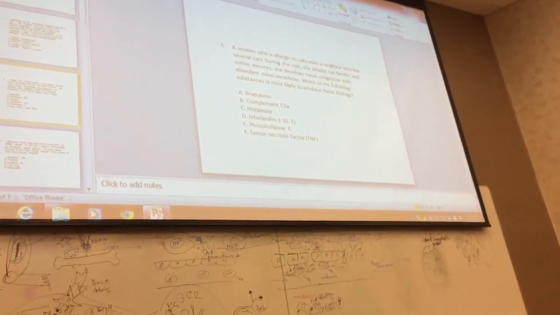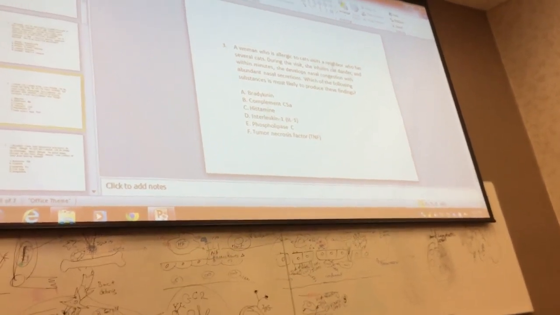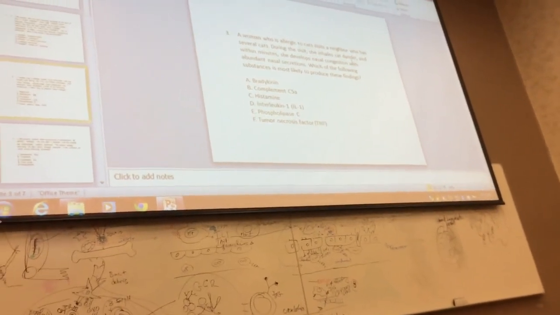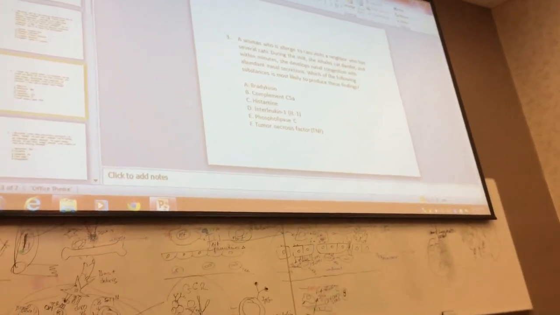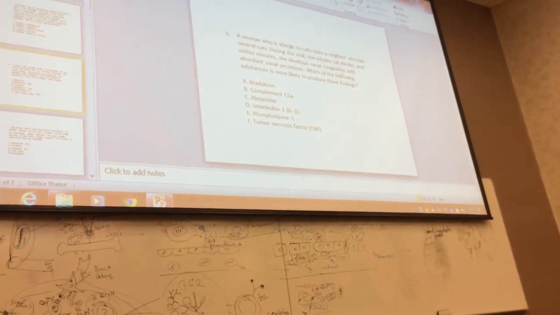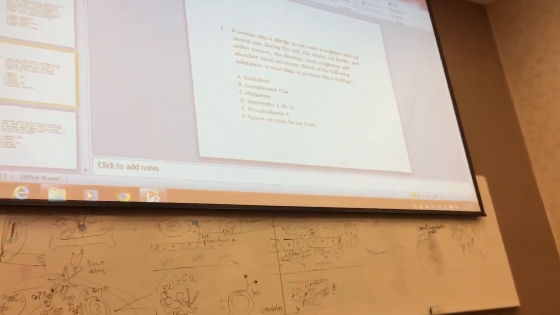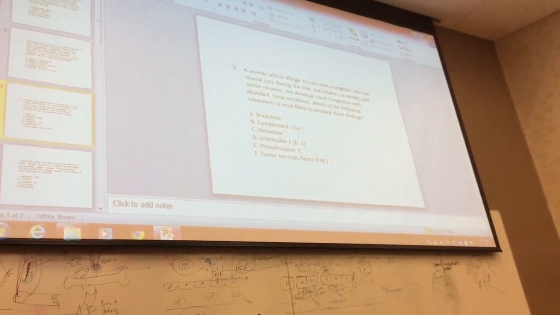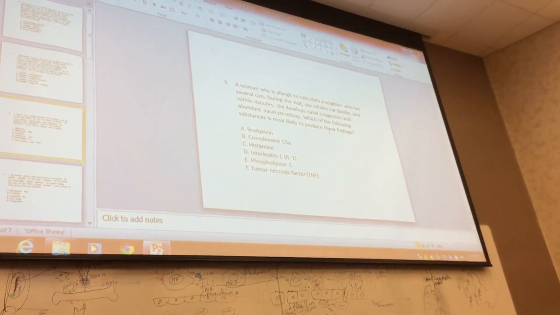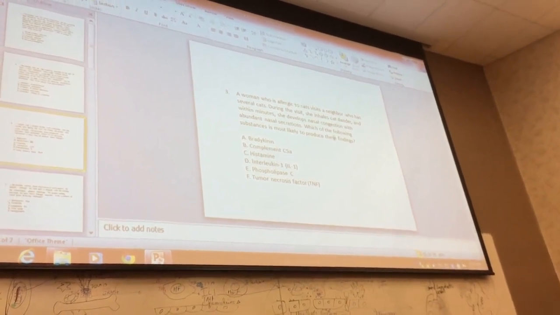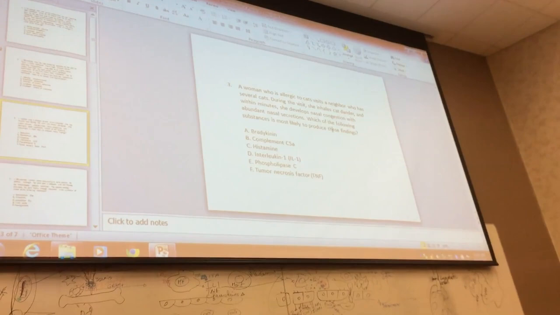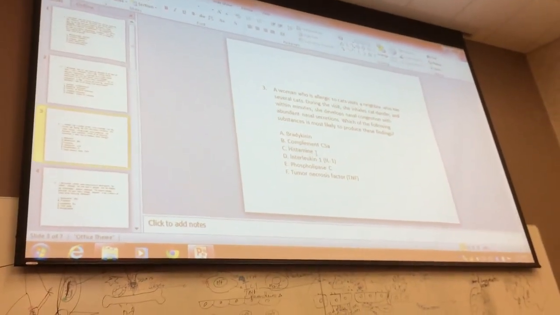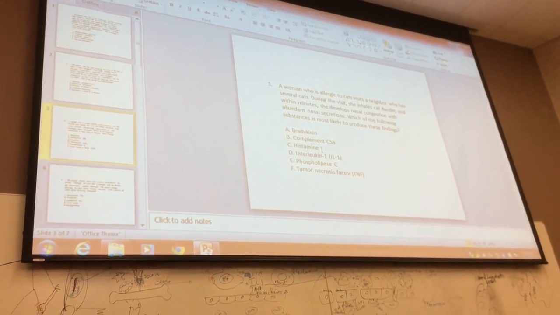Number 3 is a woman who is allergic to cats. During a visit, she inhales cat dander and develops nasal congestion and abundant nasal secretions. They're asking which of these substances is likely to produce these findings. Here, C. Yes. We haven't talked about allergies yet, but we're going to.